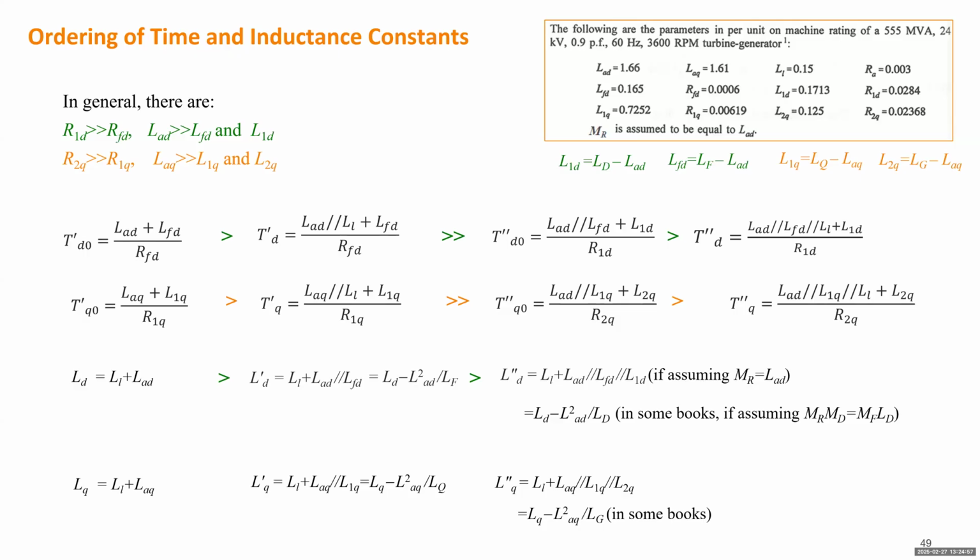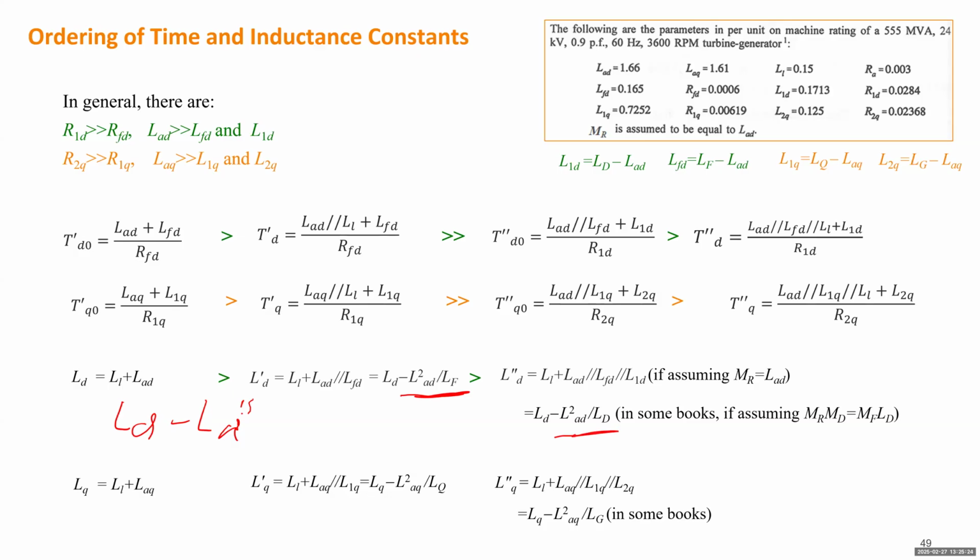So now you can tell. If you want to calculate the difference between LD and LD single prime, it's basically just this item. If you want the difference between LD and LD double prime, that's basically this one.